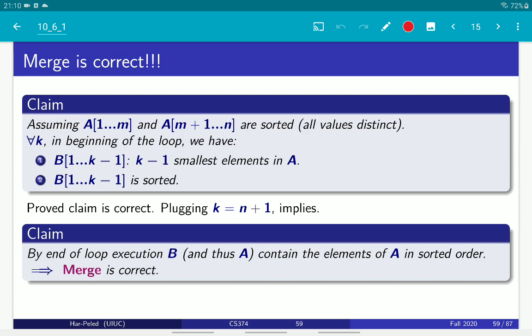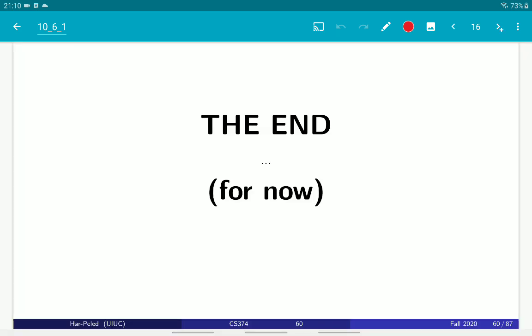This implies that B 1 to n is sorted and contains all the elements of A, and so on, which readily implies that merge is correct. So that's the next claim, and we are done in the sense that we proved that merge is correct. Okay, the next step, of course, is to prove that merge sort is correct, which we will do next.